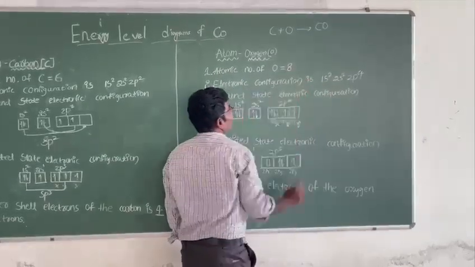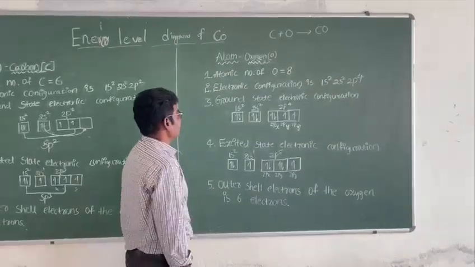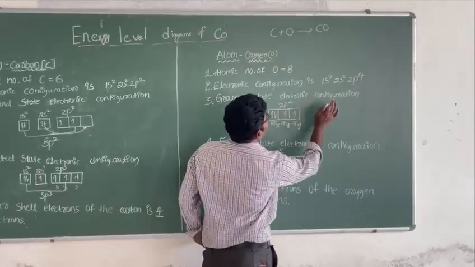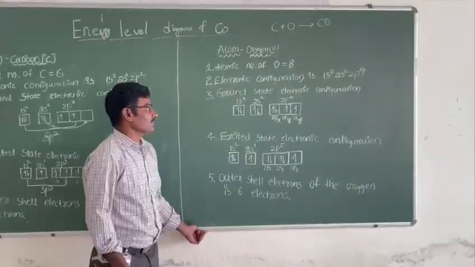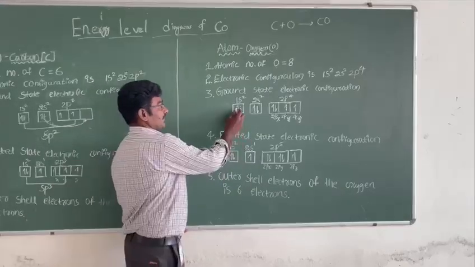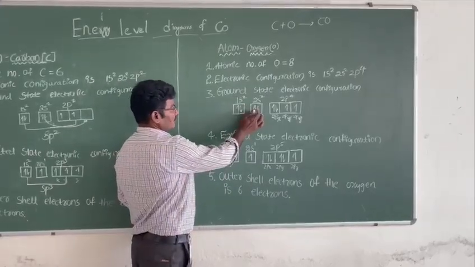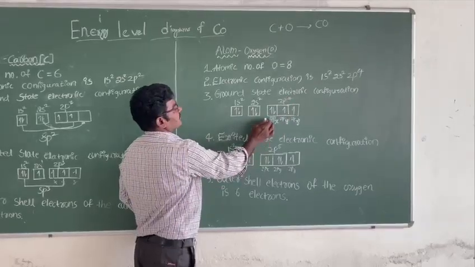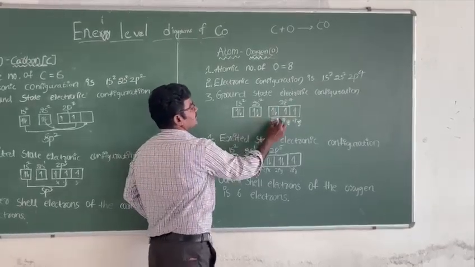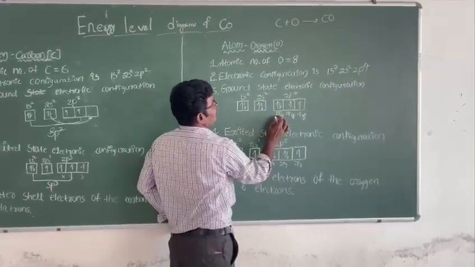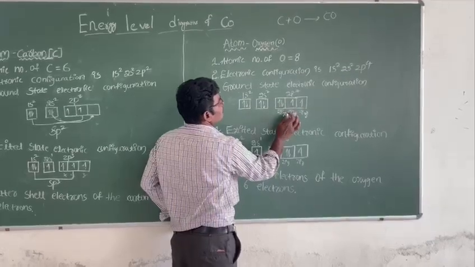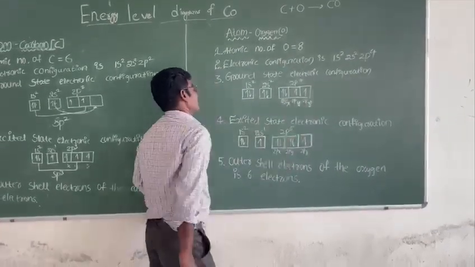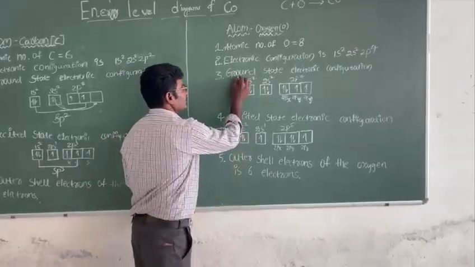Next is the ground state electronic configuration: 1s2, 2s2, 2p4, where 2px has 2 electrons, 2py 1 electron, and 2pz 1 electron. This is the ground state.